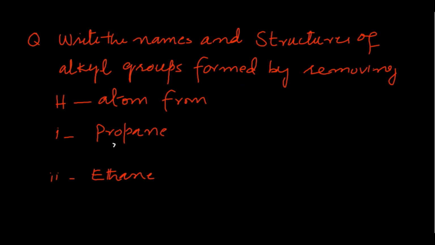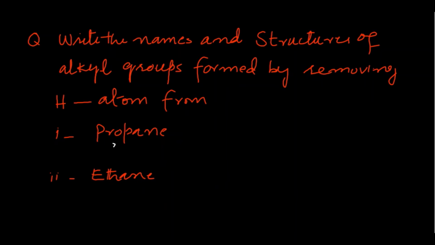Now see the next question. The next question is, write the names and the structures of alkyl groups formed by removing a hydrogen atom from number 1 propane, number 2 ethane. In this question we are asked to write the structure and the name of the alkyl group which is formed if we remove one hydrogen atom from propane and ethane.